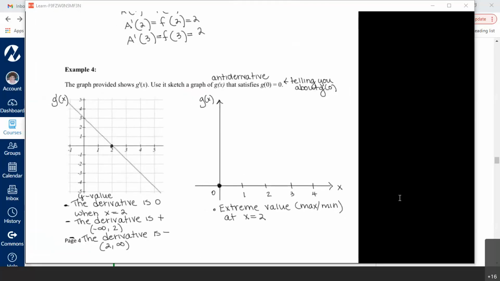Does that make sense to you? The derivative is 0 at 2. That must mean I have a critical number there. These are polynomials, so I know there's nothing weird going on. I'm going to have a local max or a local min there.